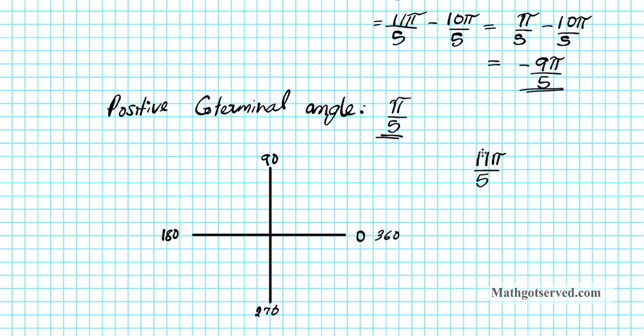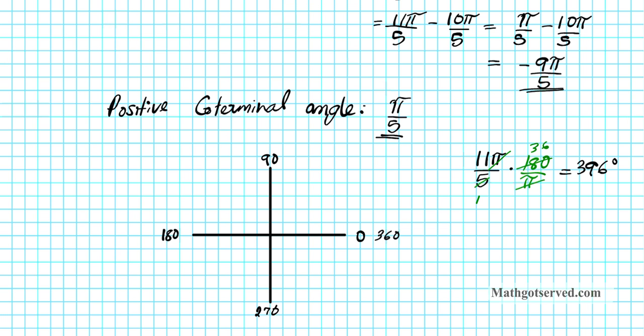So how do we change 11 pi over 5 to degree measure? You just multiply by the conversion factor, which is 180 over pi. So the pi's cancel out. 5 goes into 180 36 times. 36 times 11 is 396 degrees.